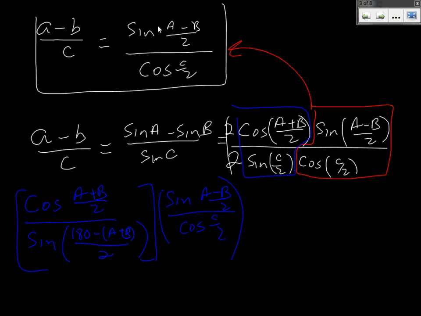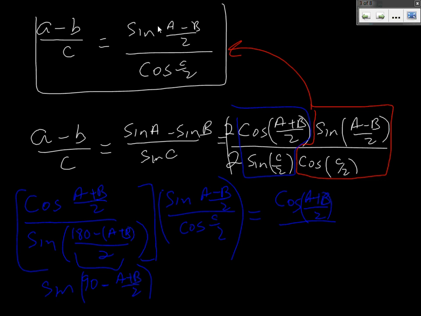To quicken this up a little bit, this angle becomes 180 over 2, which is 90, minus (a plus b) over 2. And the sine of that is the cosine of (a plus b) over 2.